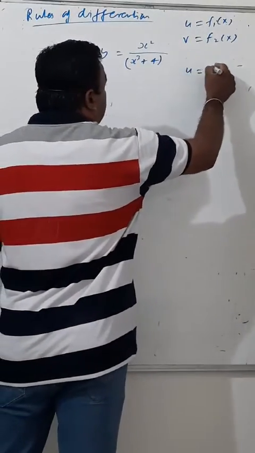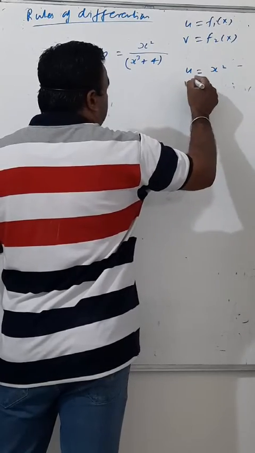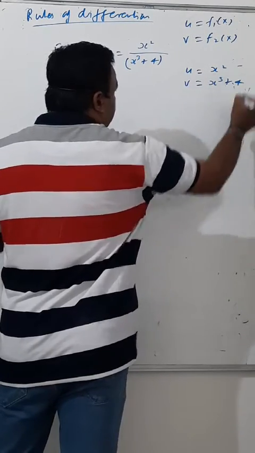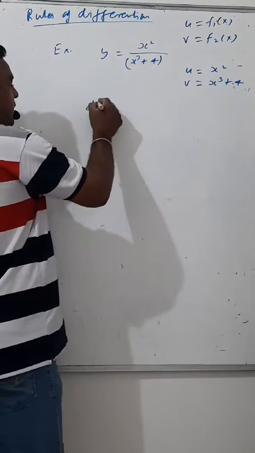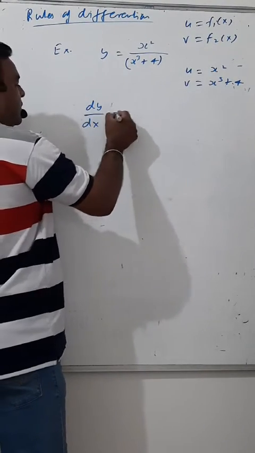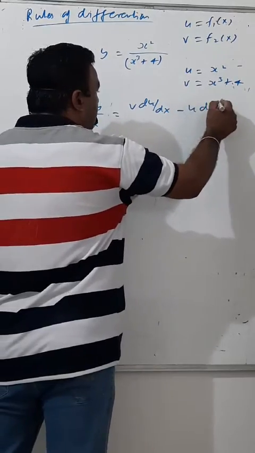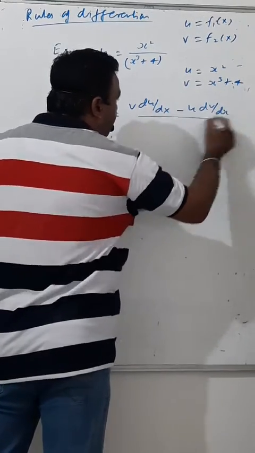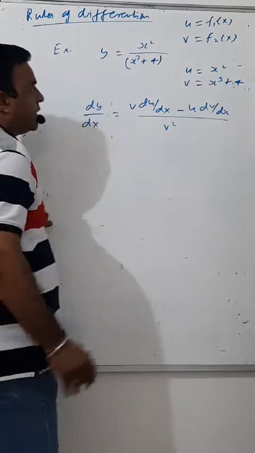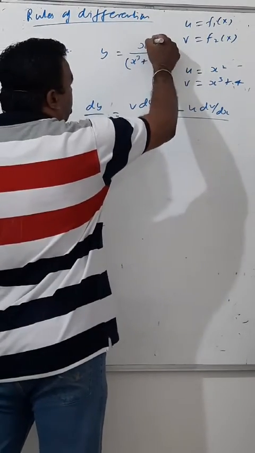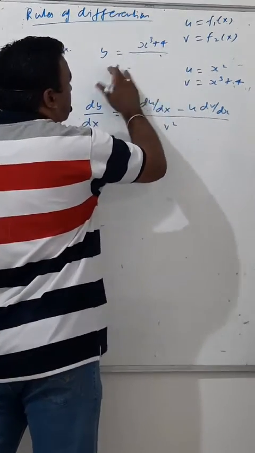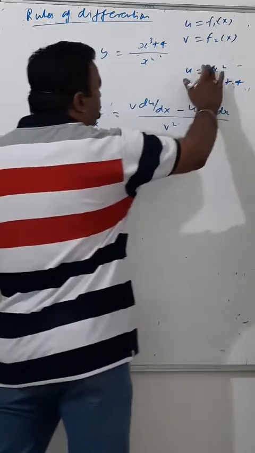Considering here u as x square and v as x cube plus 4, then dy by dx is v du by dx minus u dv by dx upon v square. I can change it in this way, it will look better: x cube plus 4 upon x square.